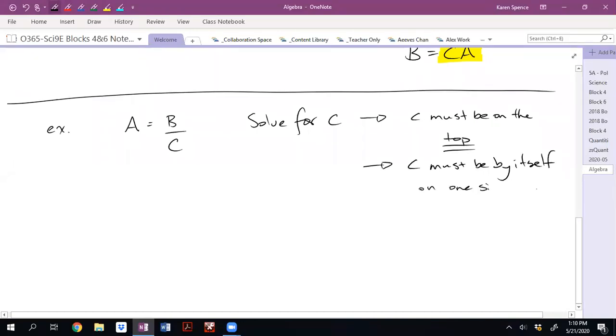So the first thing we're going to fix is if C is not on the top, we're going to make sure that it becomes on the top.